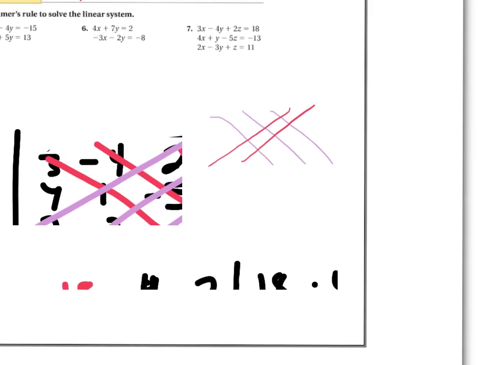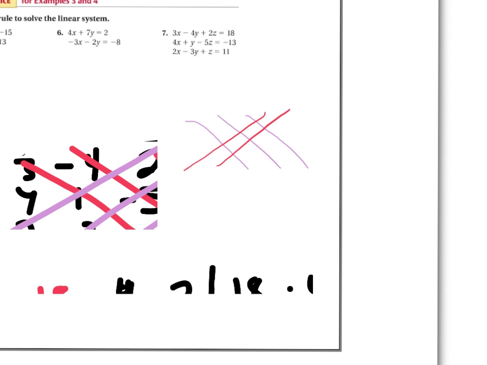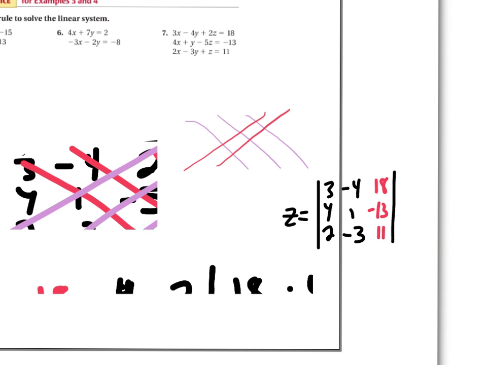Moving on, we will try to find z, and I will do that over here to give myself space. So I will get z equals, and I write down my coefficients for x and y, which are 3, 4, 2, negative 4, 1, negative 3, and z is replaced with the constants 18, negative 13, and 11, and write down 2 new columns, 3, 4, 2, negative 4, 1, negative 3, and now we are back to where we were for the other ones.